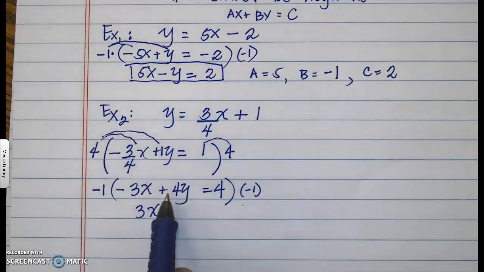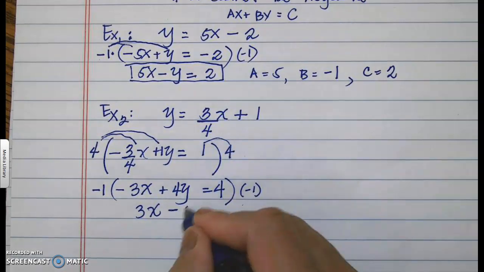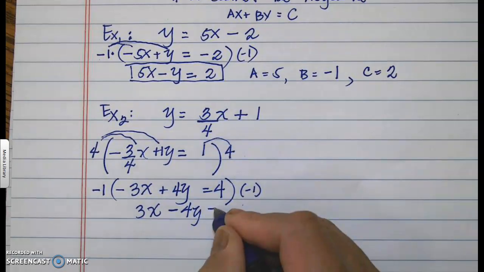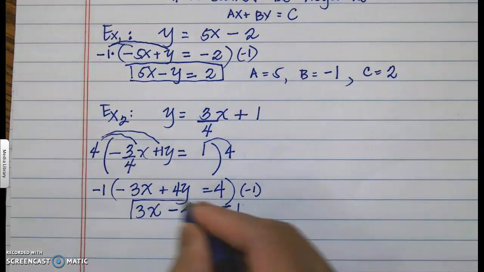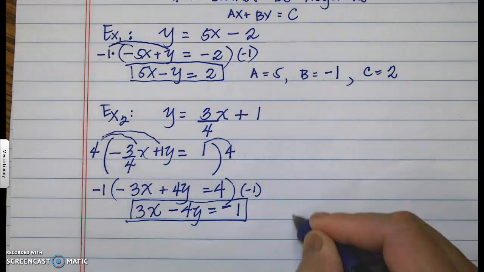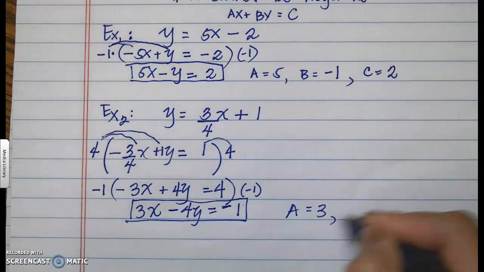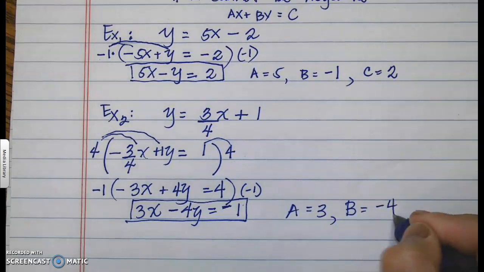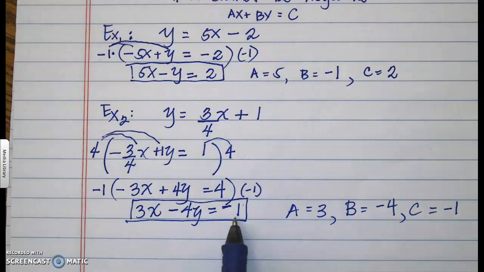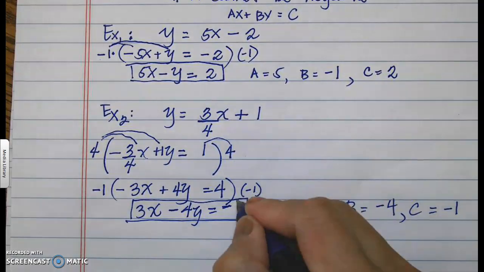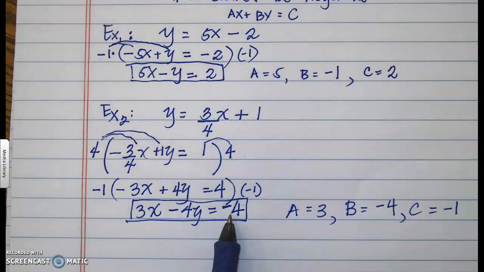Negative times a positive is a negative, or a minus 4y. Positive times a negative is a negative, and that's already your standard form, where your A is a 3, your B is a negative 4, and your C is a negative 1. Okay, correction. This is supposed to be a negative 4, and that makes your C a negative 4.